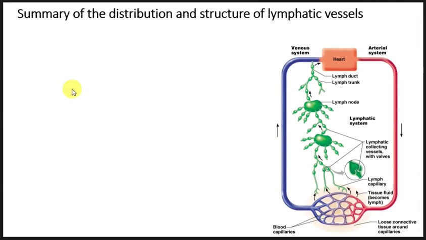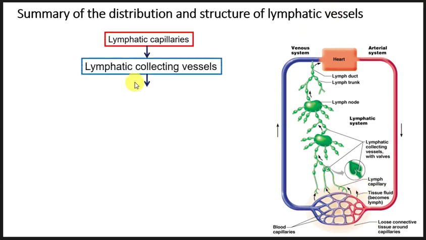Then in summary, we are looking at the distribution and the structure of lymphatic vessels. If you start with lymphatic capillaries like here, next you find the lymphatic collecting vessels.